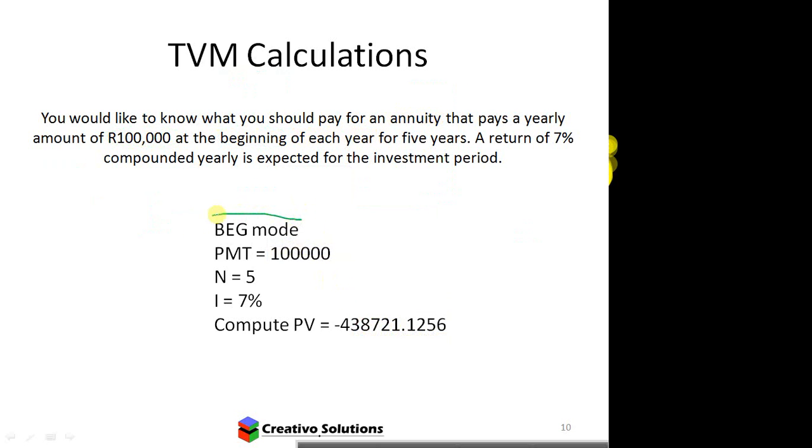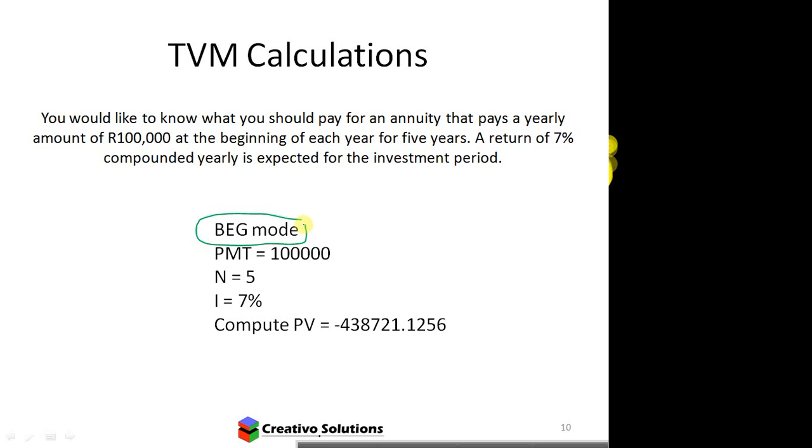Okay, let's practice changing the mode. On your calculator, go second function, then the BEG/END button, begin end.